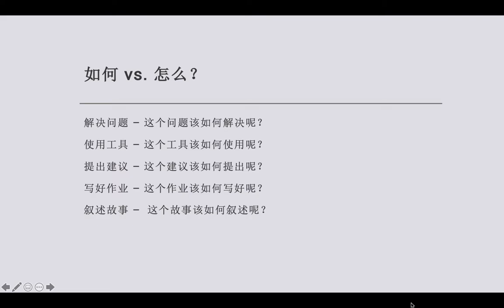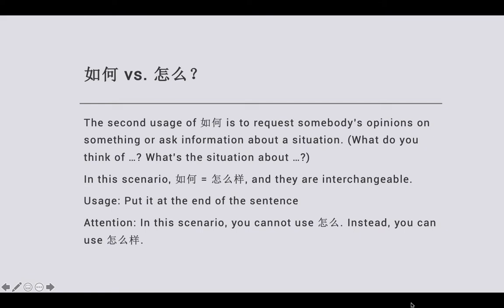behind 如何, and in this scenario 如何 equals 怎么. And the second usage of 如何 is to request somebody's opinions on something or ask information about a situation. So it's like, what do you think of, what's the situation about? In this scenario, 如何 equals 怎么样.